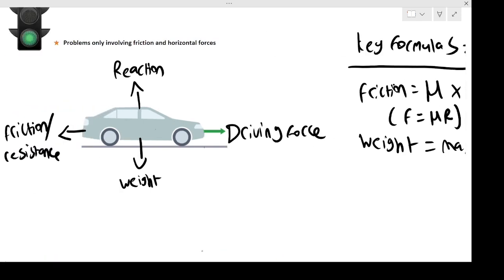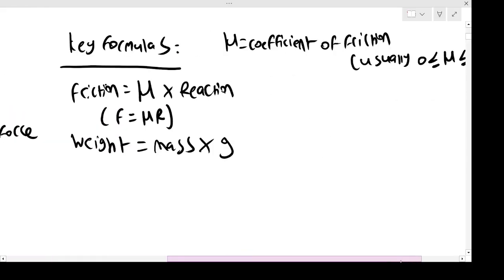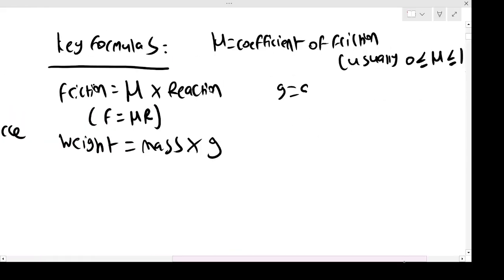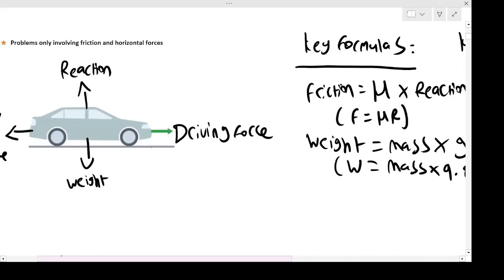We usually say g is 9.8. So we can say that W is equal to mass times 9.8 usually. So we can compute the weight using this formula as well.